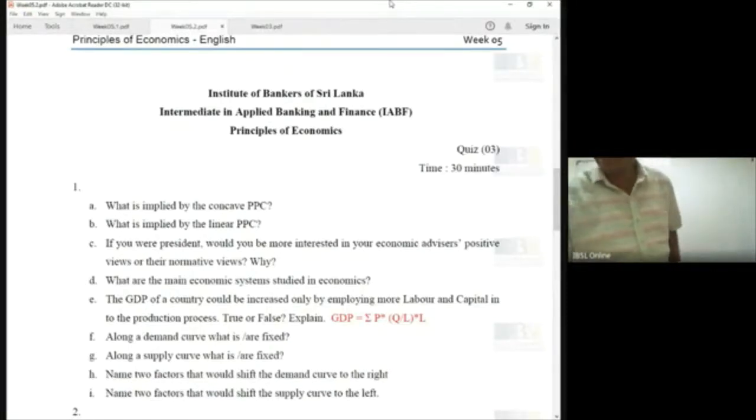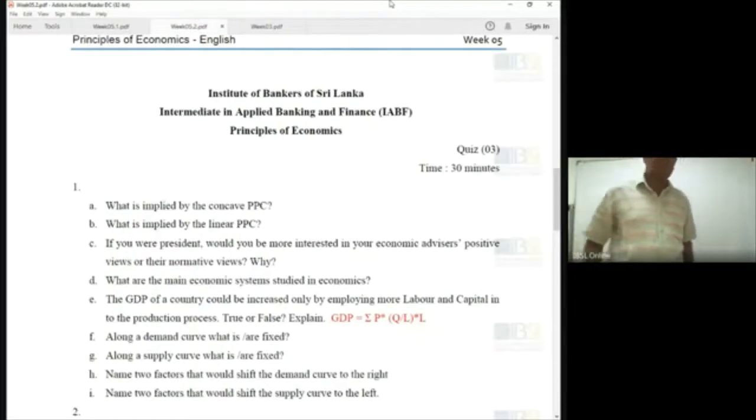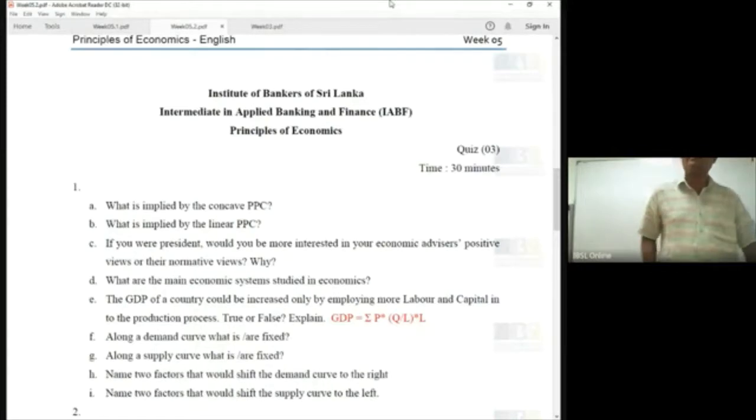In the first lesson we discussed the production possibility frontier, or the boundary, or the curve, is a very simple economic tool. It has different shapes. PPC is generally concave, good one, good two.